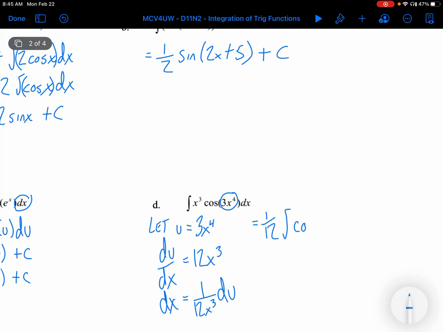And we're going to have cos u du. We get 1 over 12 sine u plus c. And then we just substitute in 1 over 12 sine 3x to the 4 plus c.